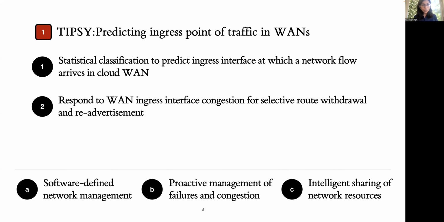Using this information, the WAN operator can withdraw and re-advertise prefixes to balance the utilization of WAN ingress interfaces. This work builds on the broad themes B and C of proactively managing link congestion and intelligently sharing network resources.